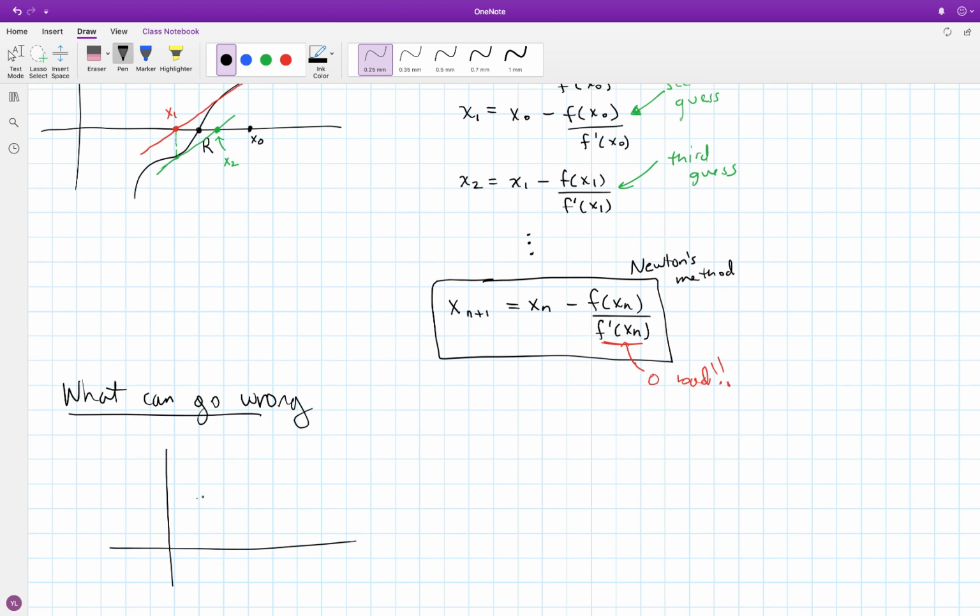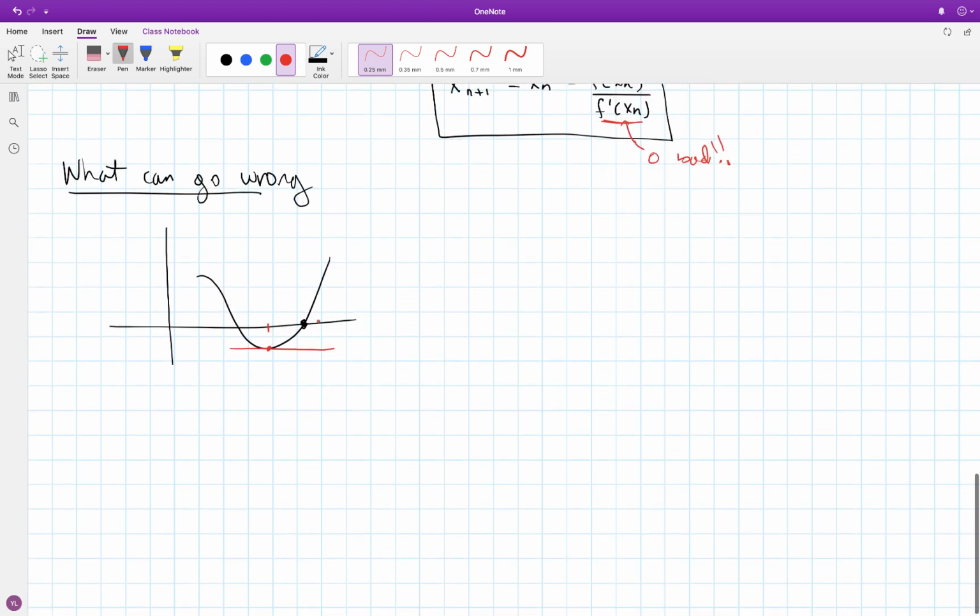So if the root I'm trying to estimate is right here, and my first guess is this, what Newton's method tries to do is use this tangent line and where it hits the x-axis to get a new estimate of the root. That's no good because this tangent line doesn't hit the x-axis. A better first guess would be a little bit closer, and here you go, I'm getting an actual intersection with the tangent line. So that's one possibility.